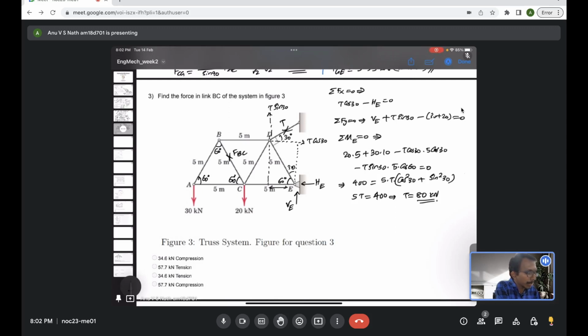Now if you use that back in equation 1, from 1 you will get horizontal reaction at E is just T cos 30, which is 80 into root 3 by 2, which is 40 root 3 kilonewton.